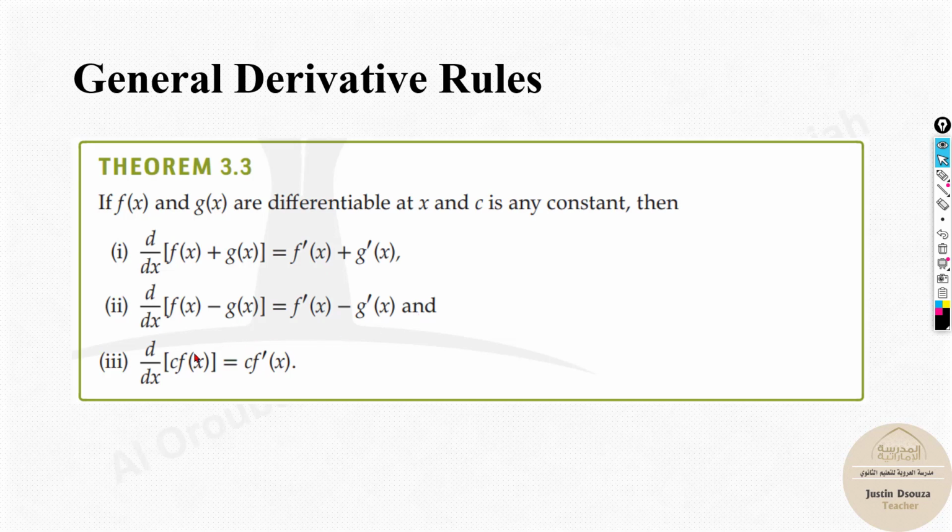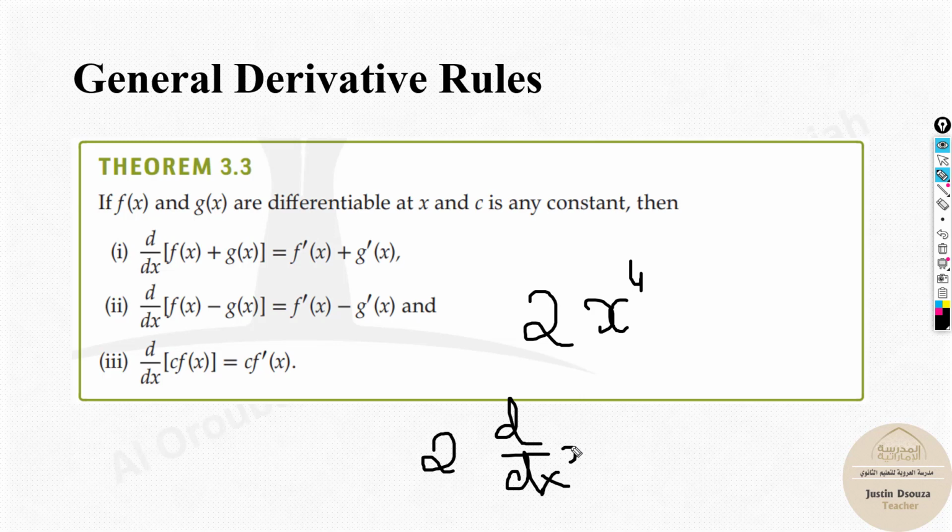And if it is multiplied with a constant c, then derive only the variable term. The constant remains. What it means is, if you have 2x to the power 4, leave this 2 as it is. This constant remains. Only derive x to the power 4, d by dx of x to the power 4. Whatever is the answer, just multiply by 2 at the end.